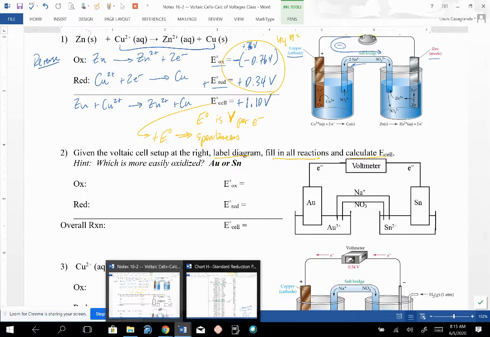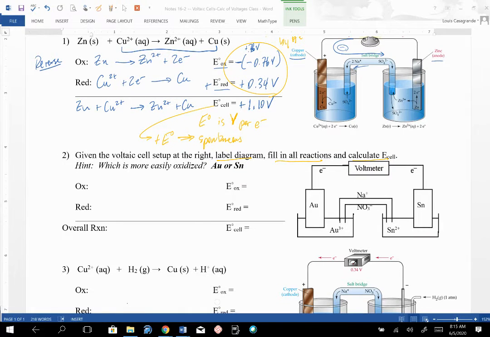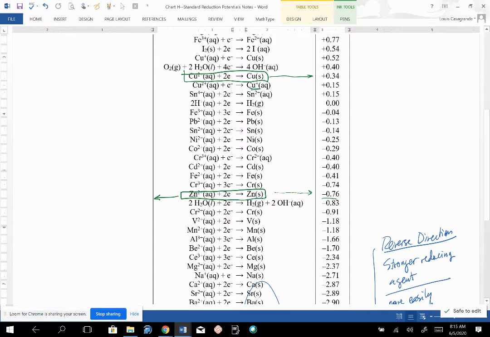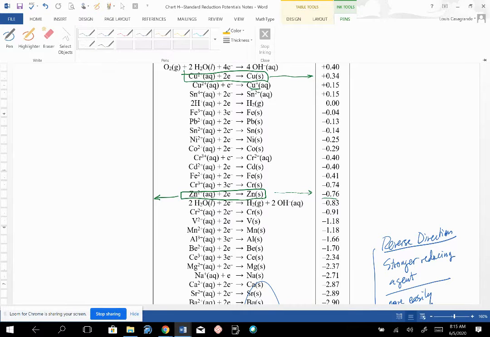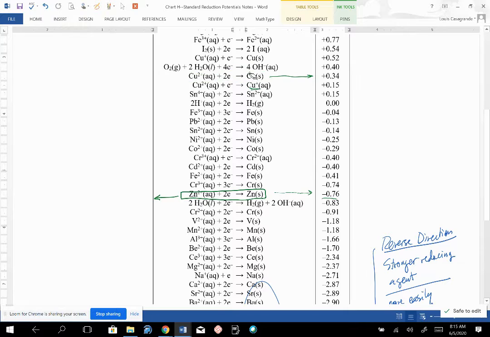So let's go to chart H, and let me get rid of those markings for copper. And then let's look at, for the copper and zinc, let's find gold and gold 3+. Now remember, these are reduction potentials, so we'll be looking for the gold 3+ on the left.